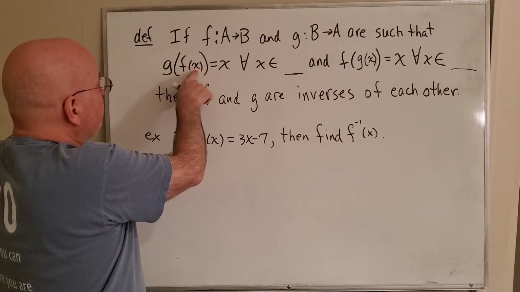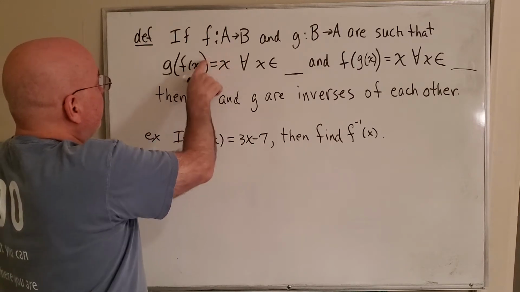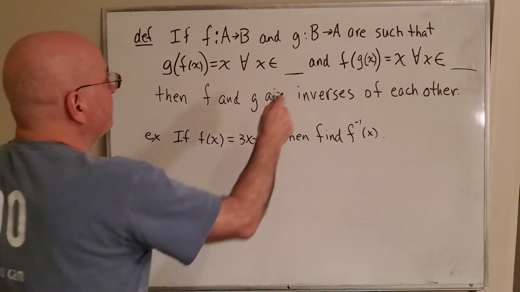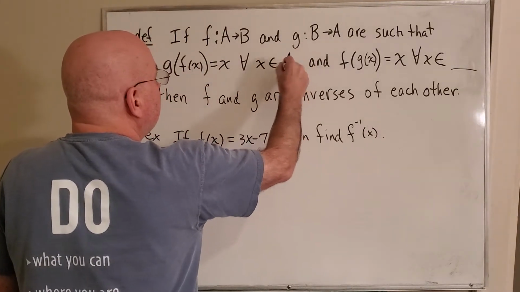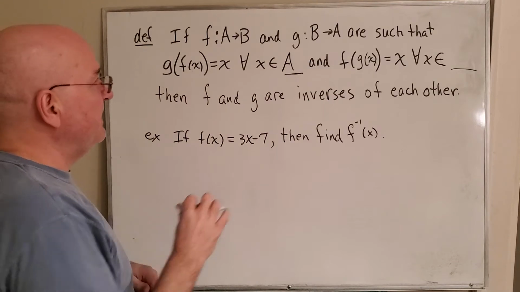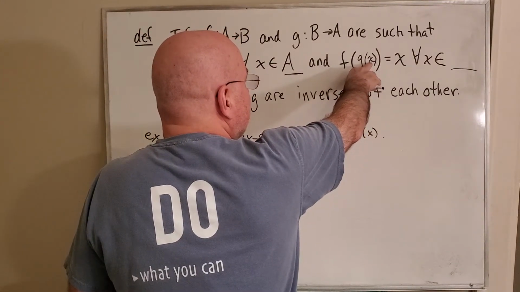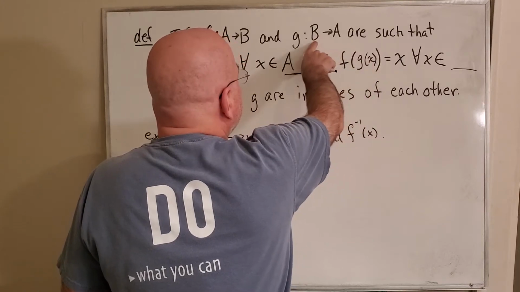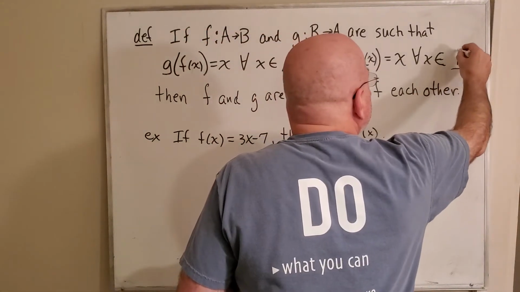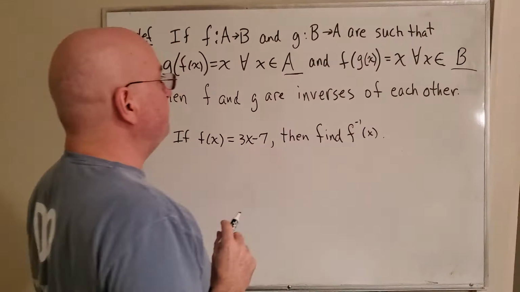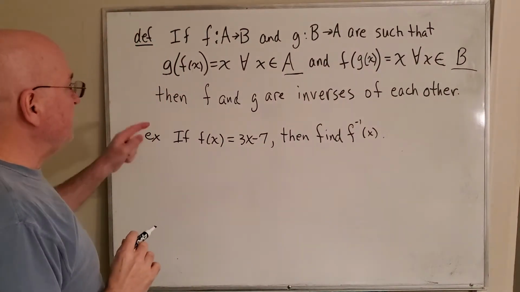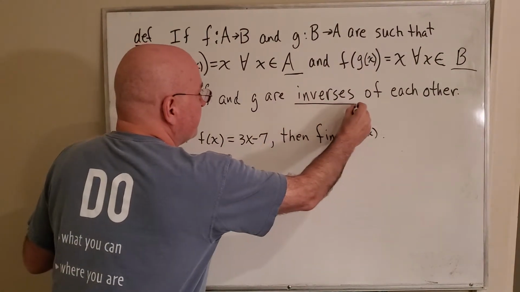So what numbers can be plugged into f? The domain of f. So this x has to be in the domain of f. And likewise, for f of g of x, if g is done first, if you're plugging a number into there, well, B is the domain. So that needs to be for all x in B. Then f and g are inverses of each other.